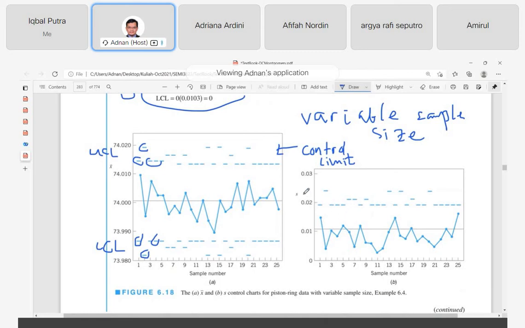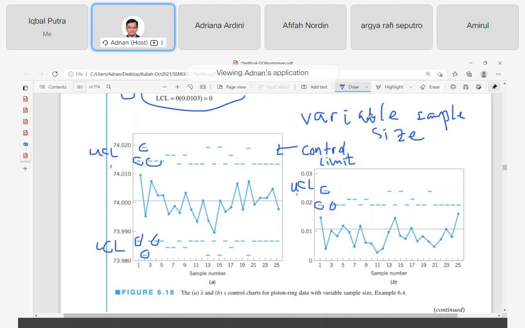In this case, the S chart, as I mentioned earlier, the upper control limit is more important. The lower control limit is not important because the lower you go actually is the better, because this is dispersion. You want a small dispersion. We are concerned about the upper control limit. So this is the control limit for sample number 1, sample number 2, sample number 3. This is very tedious unless you put it in a computer.